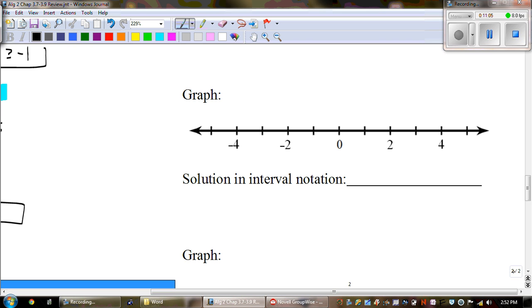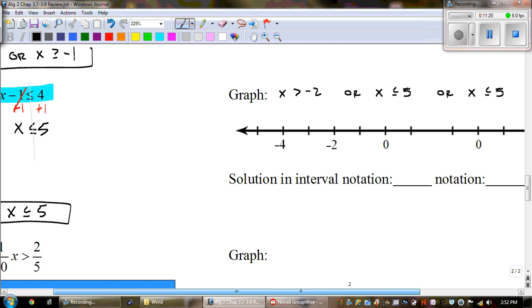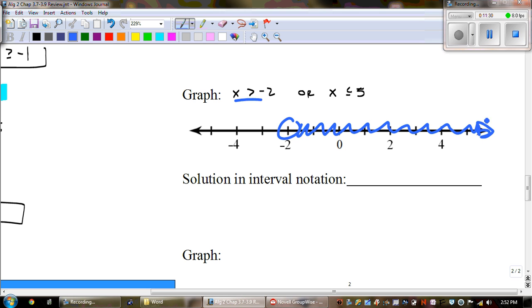Okay, so I'm just going to come over here and graph it. I'm just going to rewrite what I'm graphing so I remember. x is greater than negative 2 or x is less than or equal to 5. Did I get that right? Good. Okay, so at negative 2, I'm open and I'm going to shade everything to the right.